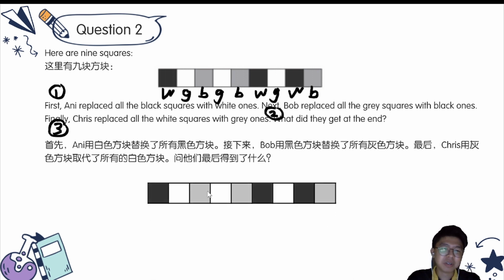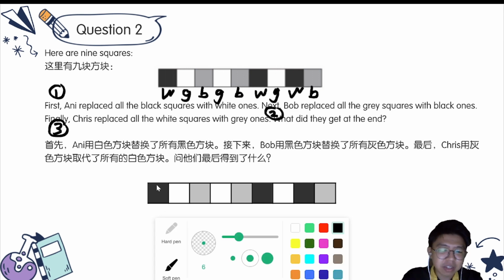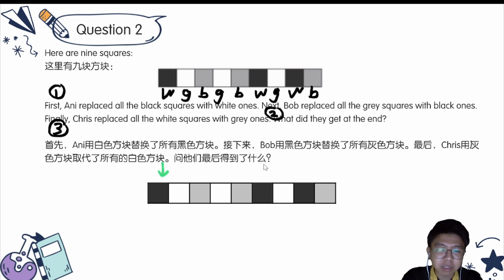So at first, we have these squares, right? And for the first step, it says that Annie replaces all the black squares with the white ones. So we know that we'll replace this black square, also this black square, and this black square with a white one, right?